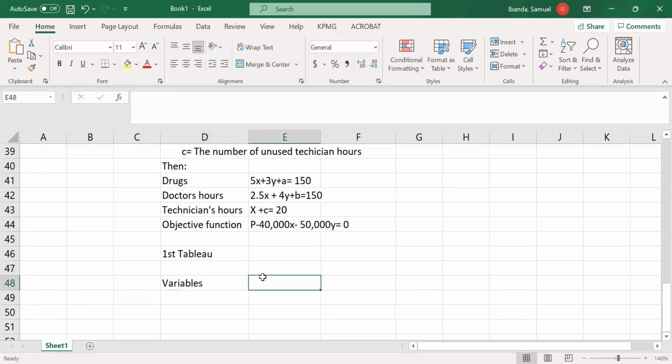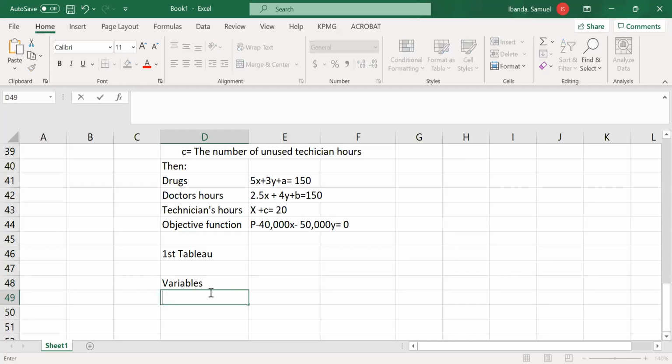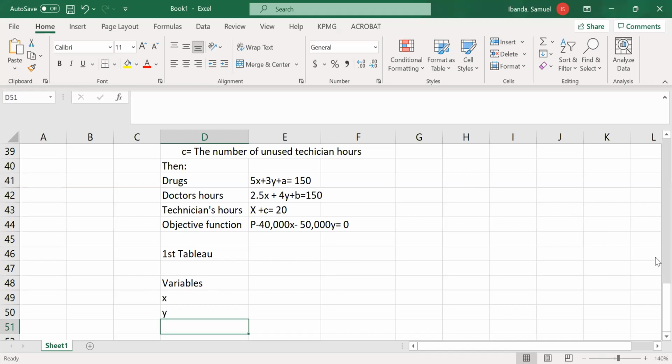The variables we have in this case are x, y.